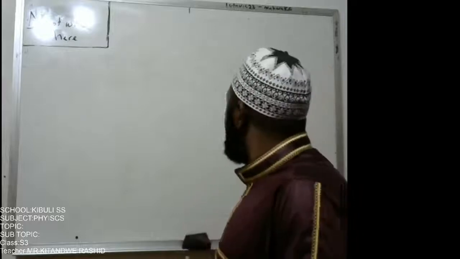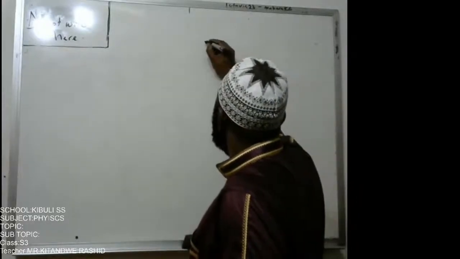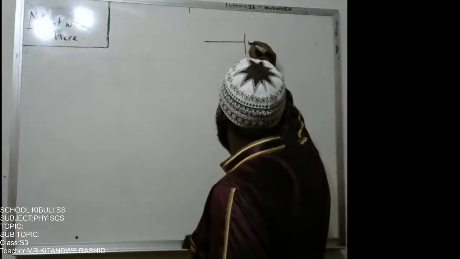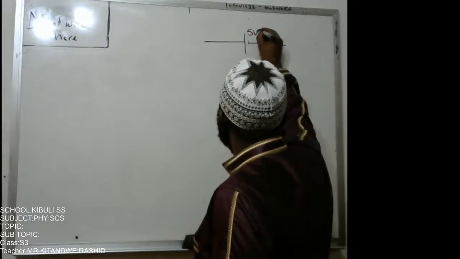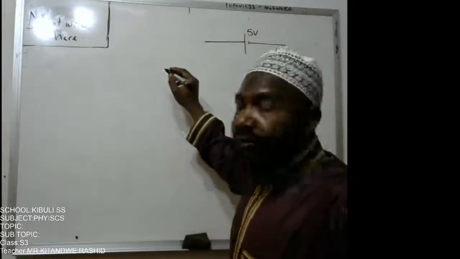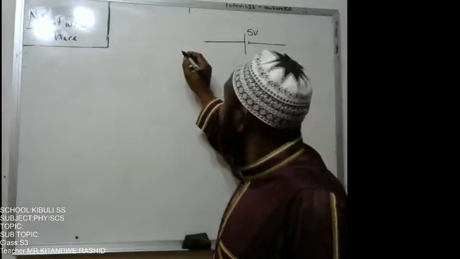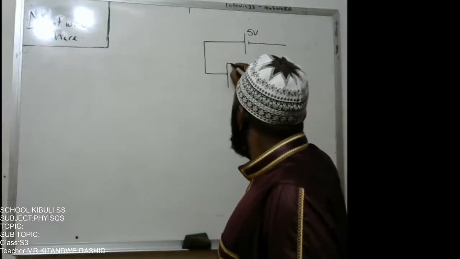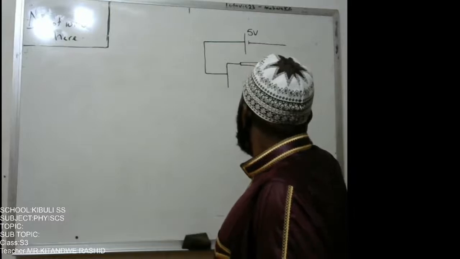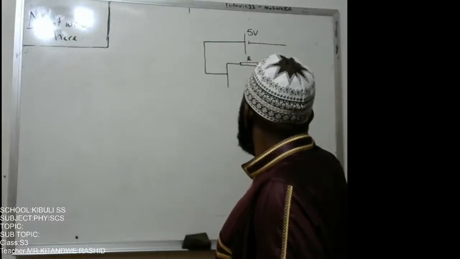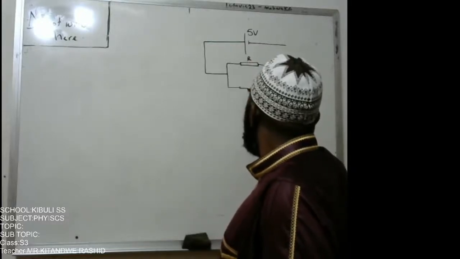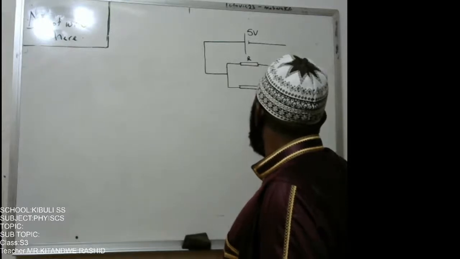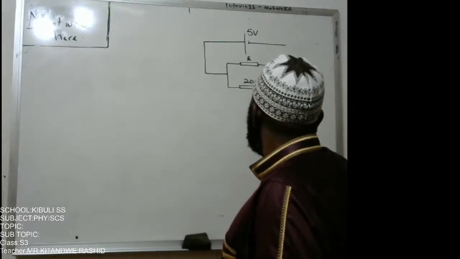So the circuit was like this: 5 volts. Now the parallel setting here of unknown resistance R and another known resistance which was 20 ohms.